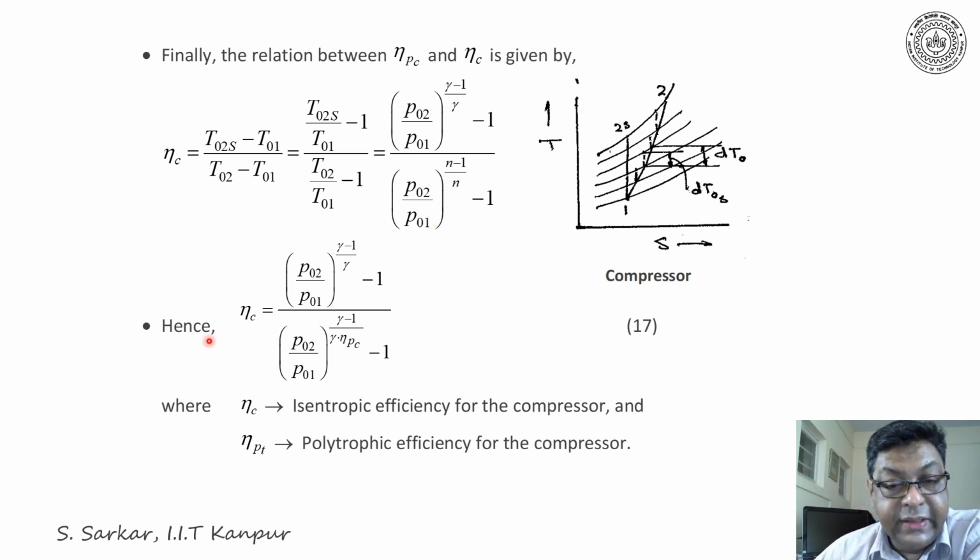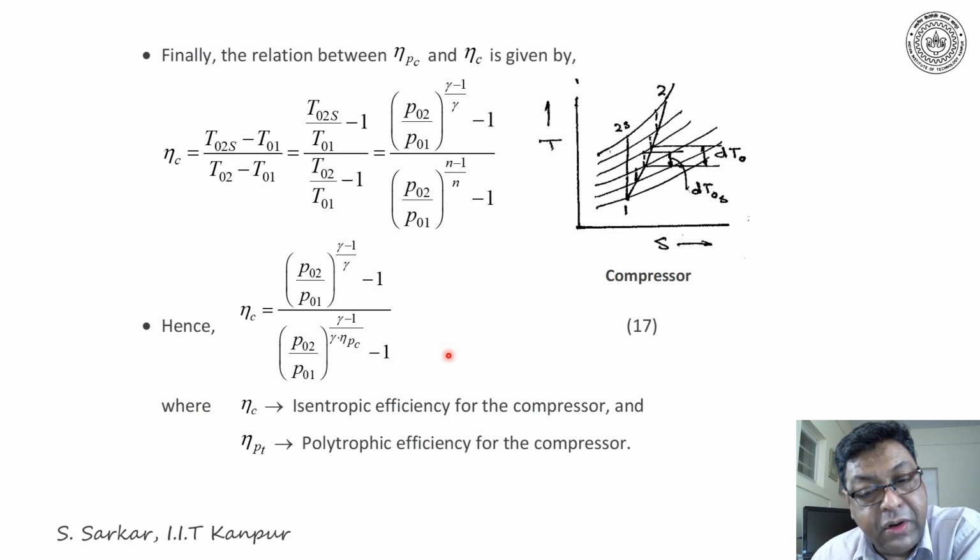Thus I can write eta C equals (P02/P01)^((gamma-1)/gamma) minus 1, divided by (P02/P01)^((gamma-1)/(gamma eta Pc)) minus 1, where eta Pc is the polytropic efficiency of the compressor, and eta C is the isentropic efficiency, that is, the overall efficiency for the compressor.